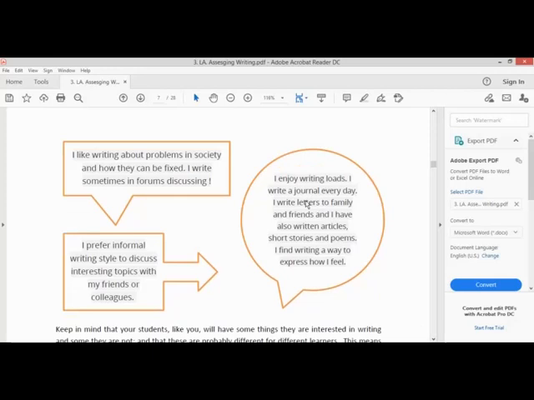Practice is later, but this is the theory. After you understand the theory, you will be a good writer, I think, because different audience, different tone, different style.